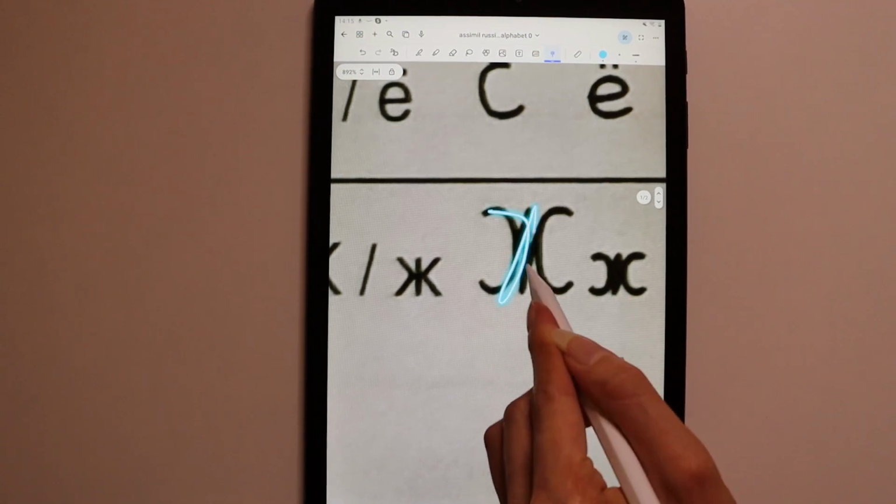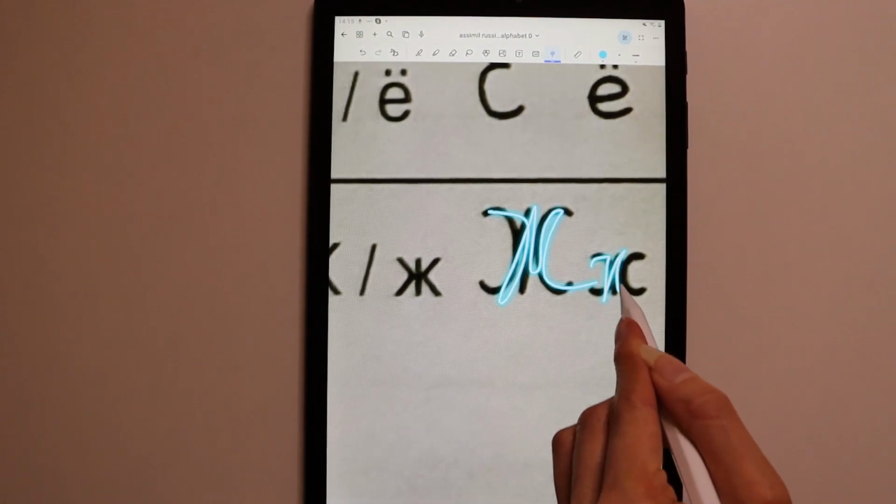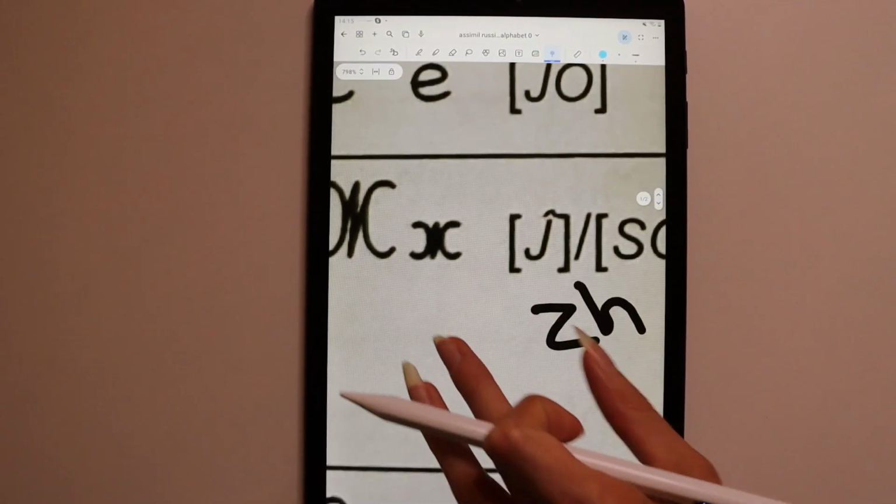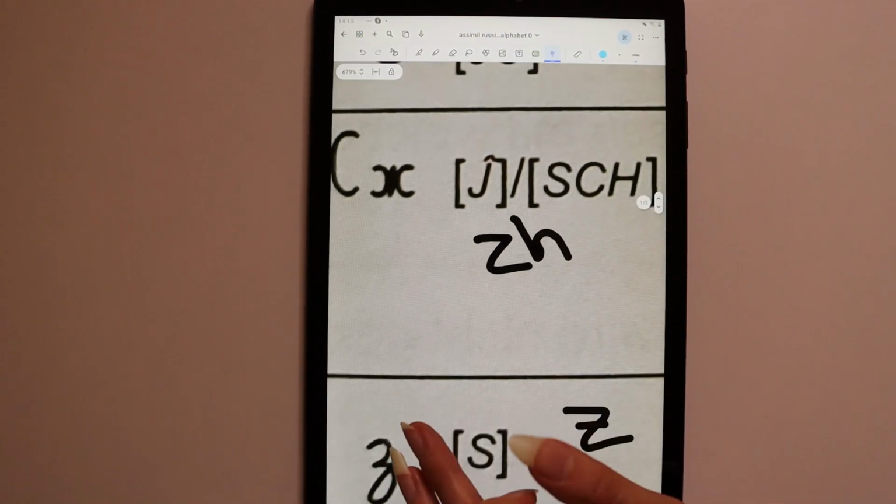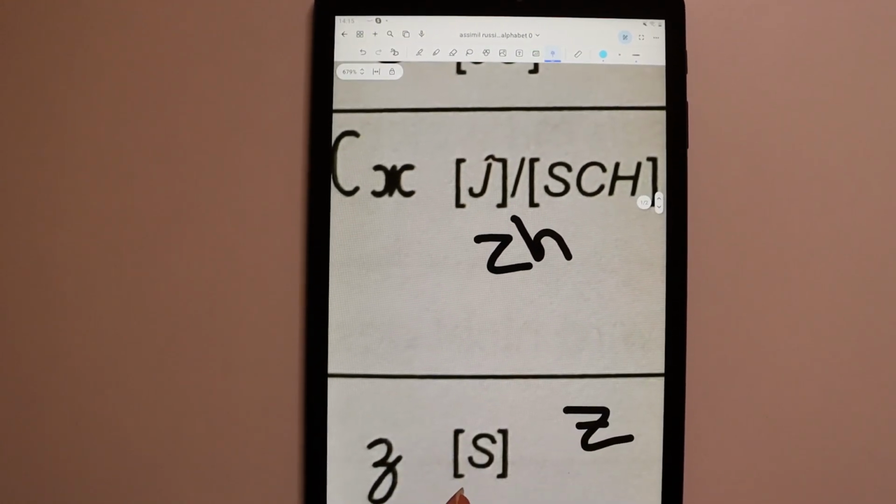Je. Je, as in, what did I say? As in beige.